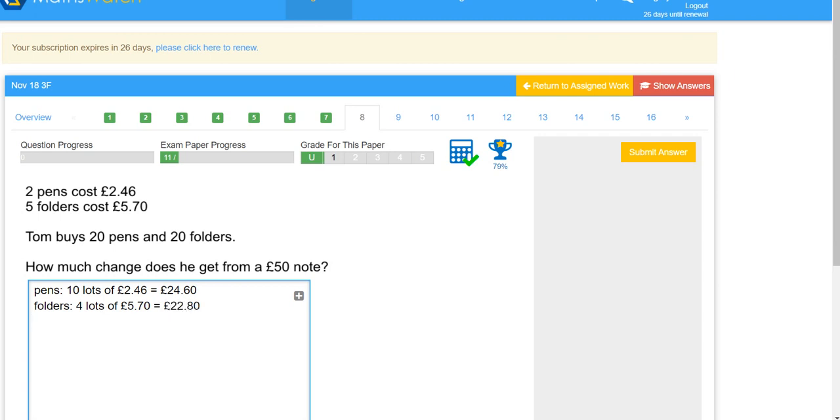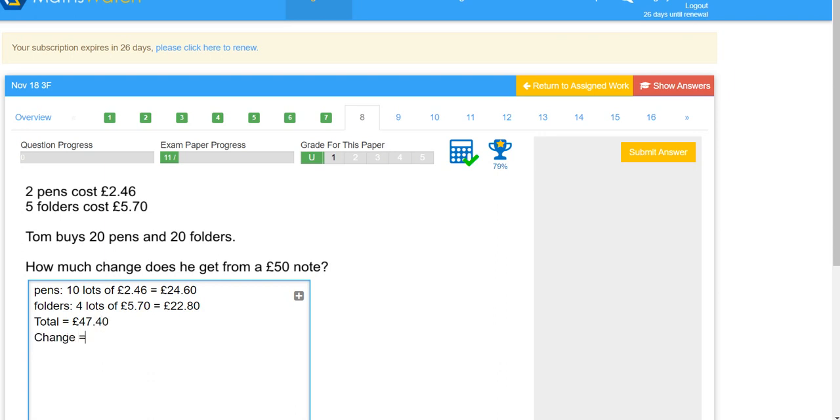So then my total I need to work out is going to be £24.60 plus £22.80. Stick that into my calculator because it's a calculator paper. That gives me £47.40. So what's my change?